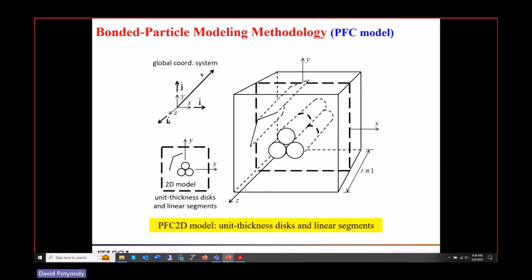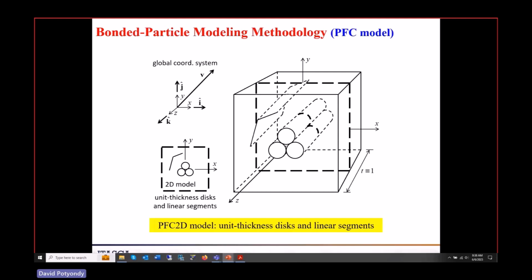This is just pointing out that this is what a PFC 2D model is. It's unit thickness cylinders, as you can see here. It looks like when you do a biaxial test, it really is a test on cylinders. It's not a test on a cylindrical thing.